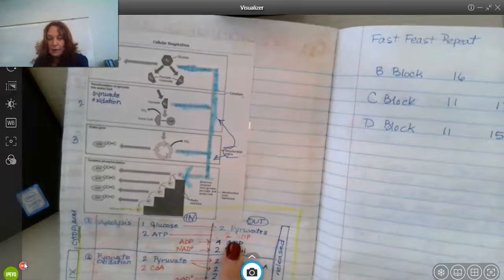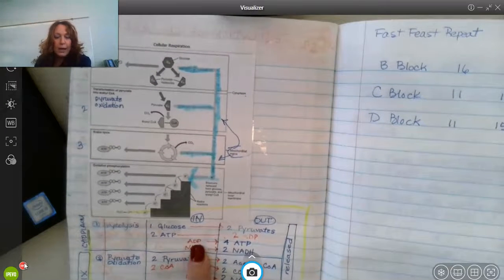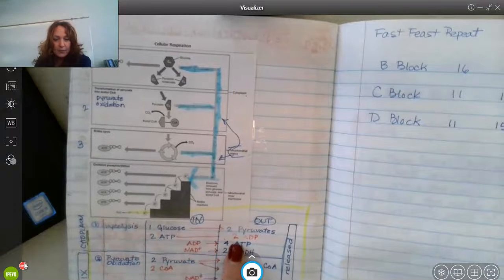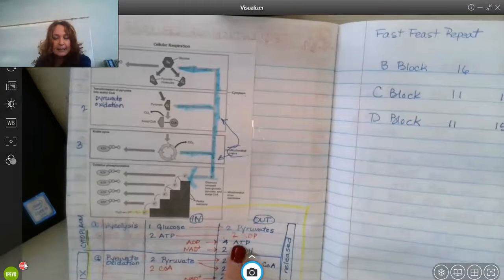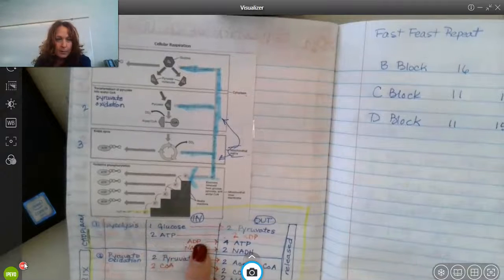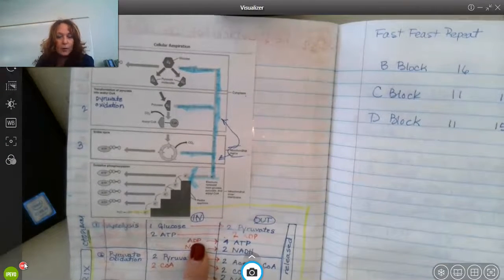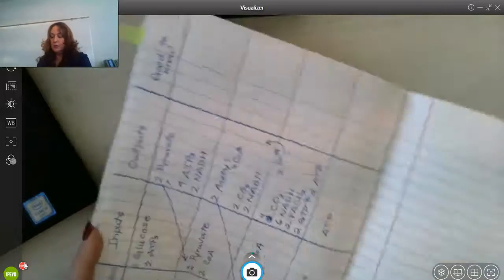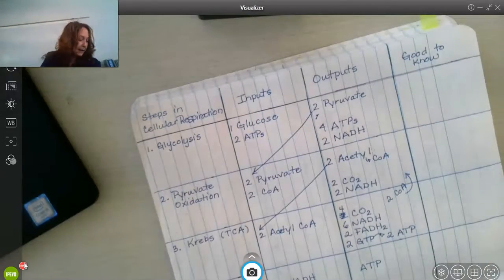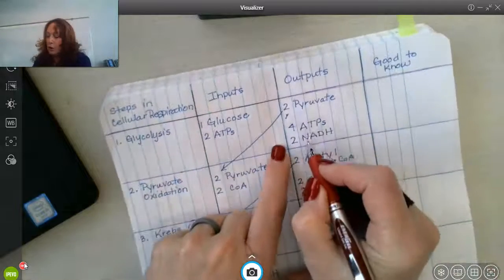So now I need to think about what you have to have if you're going to create ATP. What would the pieces be that you'd make that from? So I'm going to use a different color, and I'm going to go back in red, and think about, let's start here.